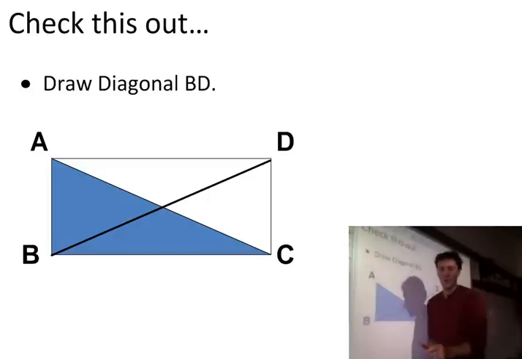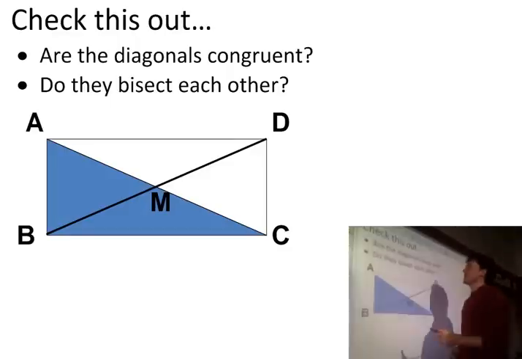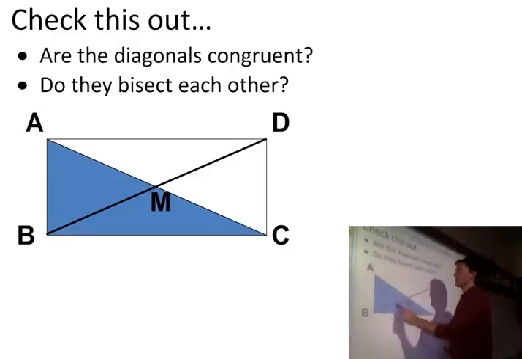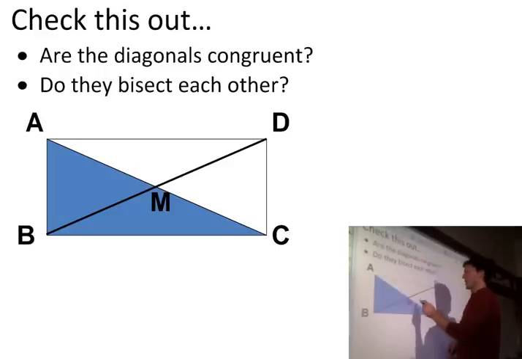Okay, so is everybody with me so far? Now what I'm going to do is ask myself, are the diagonals congruent? Well, I made a parallelogram, I made a rectangle, so the diagonals are congruent. Do they bisect each other? Well, it's a parallelogram, so they do. So I've got all of these segments congruent. So what does that really mean?